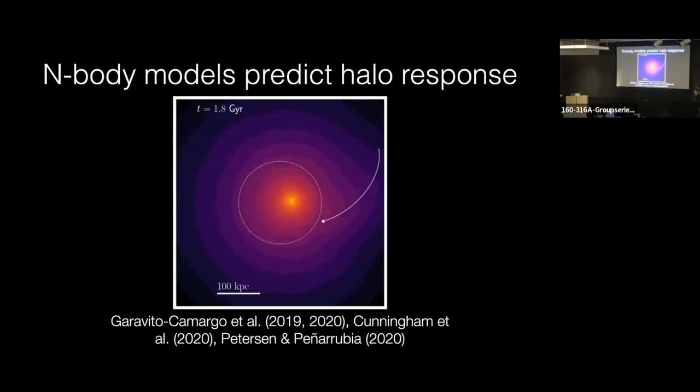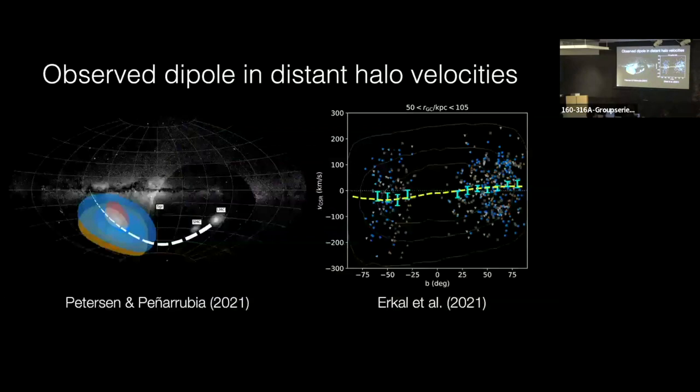So this has been studied in these N-body models, and then there's also an observed dipole in distant halo velocities. This was done by two groups at around the same time, one by Petersen and Peñarrubia, the other led by Dennis Erkal. The general idea is that if you look in the northern hemisphere versus the southern hemisphere, this is the Erkal plot, there's a shift on the order of 30 to 40 kilometers per second in mean GSR velocity between the two.